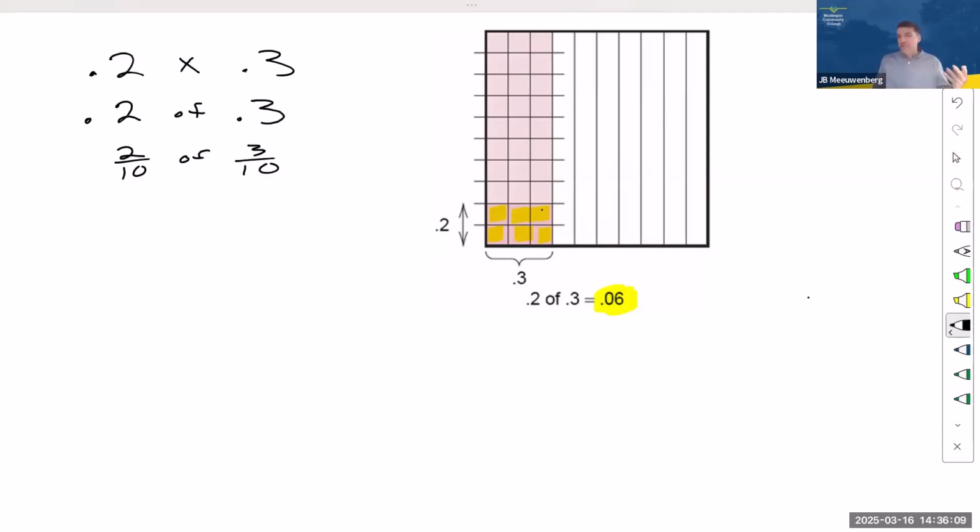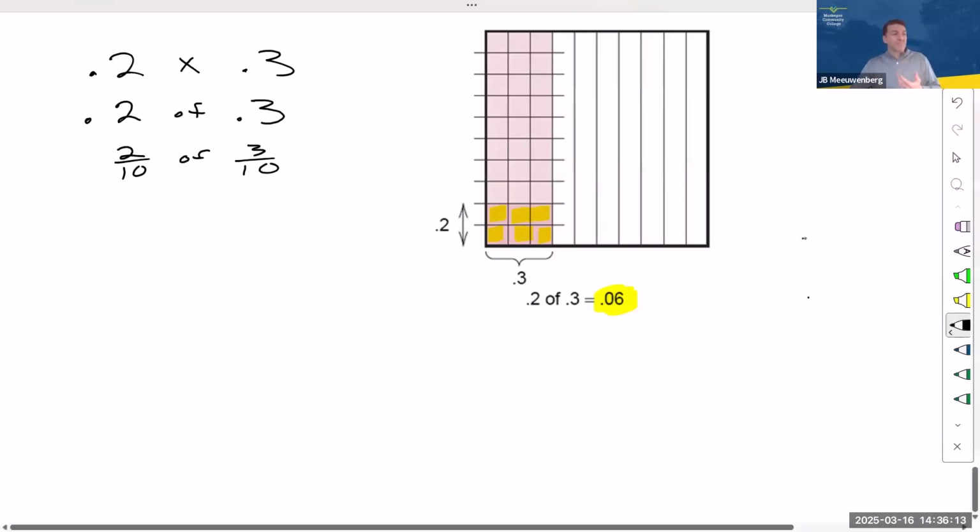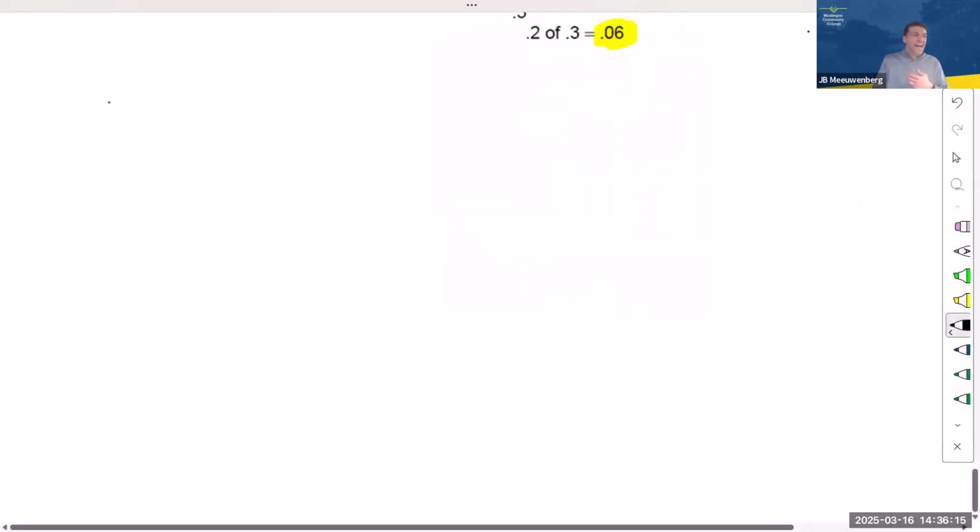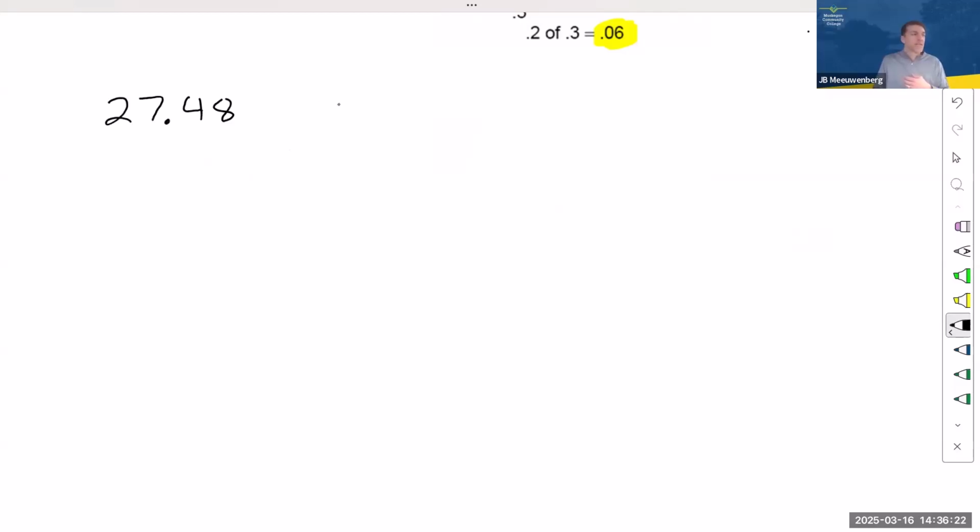Models work great sometimes when we're working with small numbers or easy to compute numbers, but not always when we're doing something like this: 27 and 48/100 times 9 and 2/10. So we're going to jump now to what our paper and pencil algorithm looks like, the traditional model.